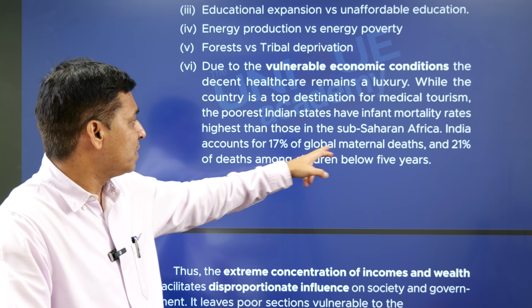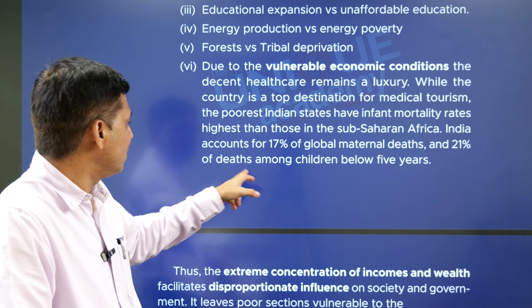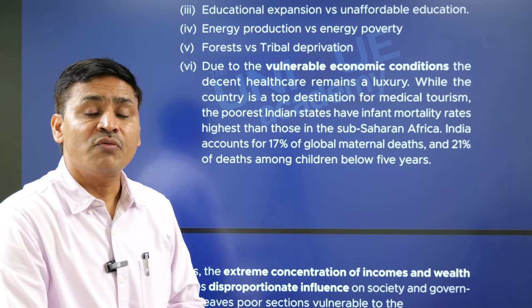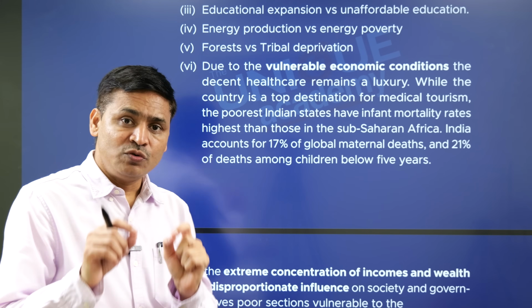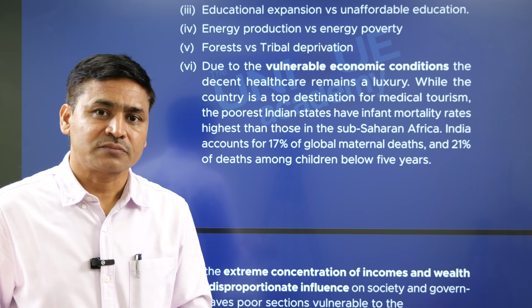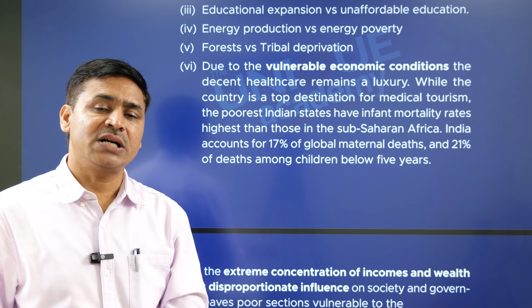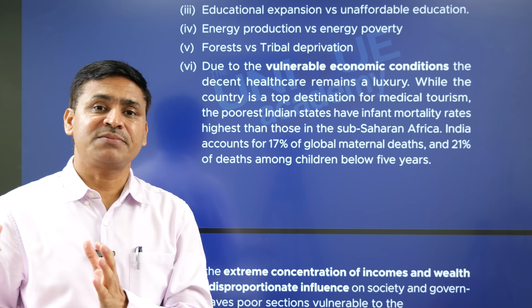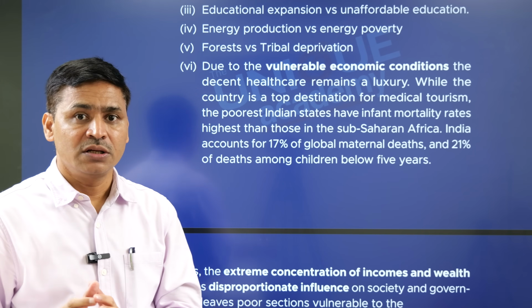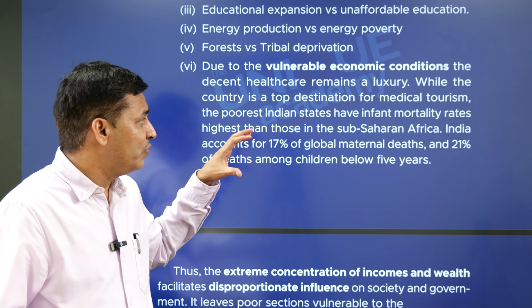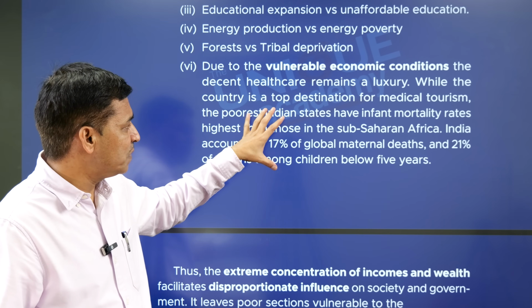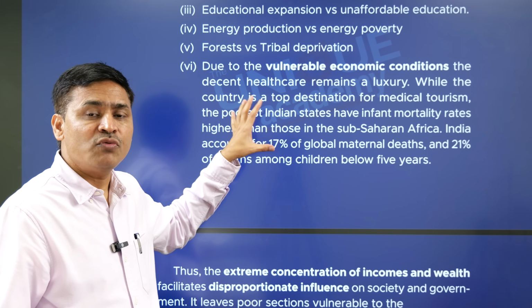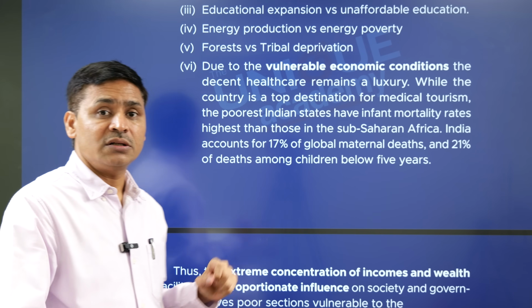India accounts for 17% of global maternal deaths and 21% of deaths among children below 5 years. Now, this data is enough to point out that though the percentage of poverty has come down, nonetheless a substantial chunk of Indian society is very, very vulnerable. And we have just elaborated upon the same aspect by focusing on the health sector.